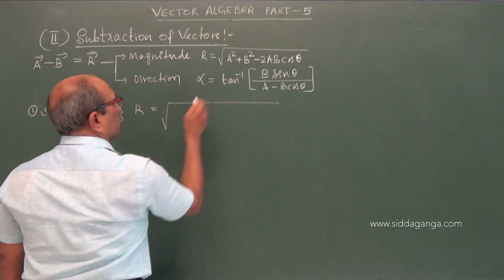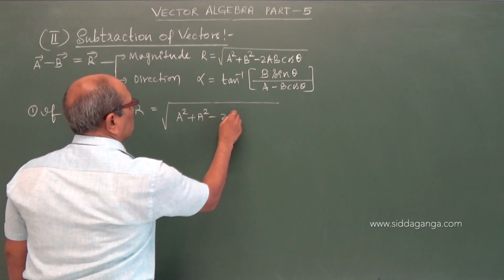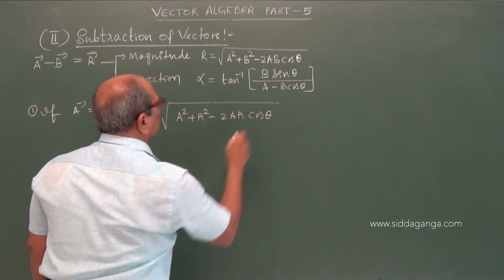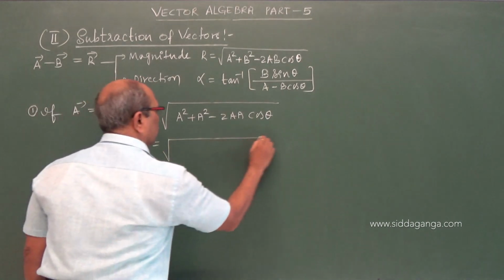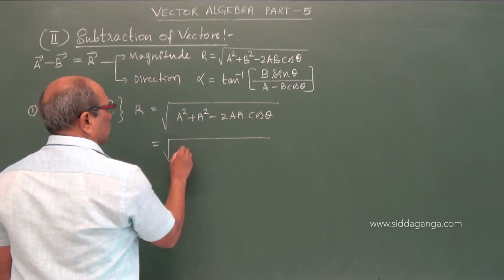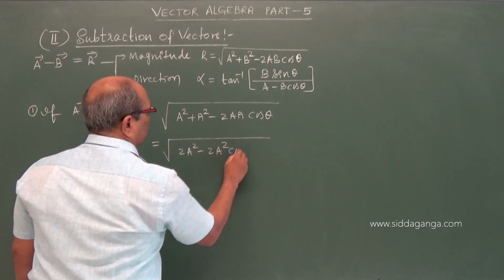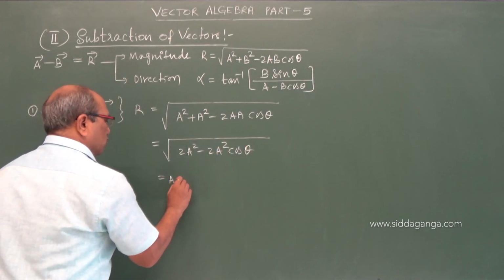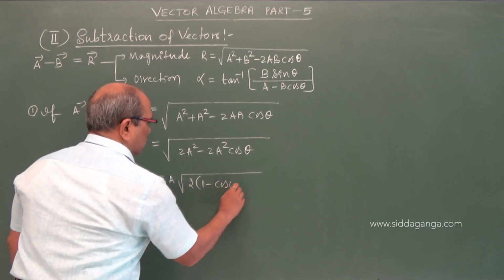Taking the square root of a square plus a square minus 2a square cos theta, this can be written as root of 2a square minus 2a square cos theta. This a can be brought out: a into root of 2 into 1 minus cos theta.